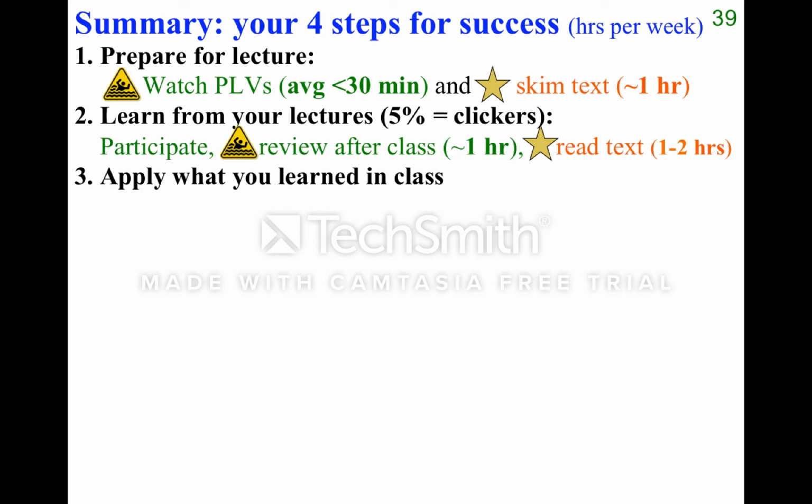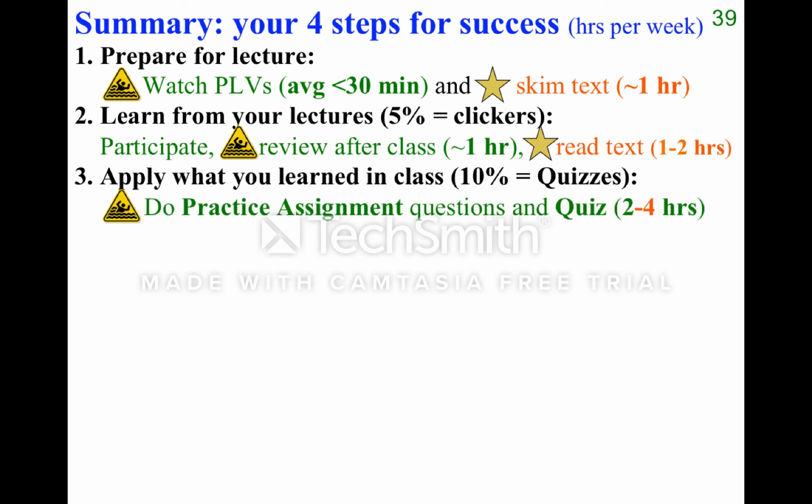Third thing is, once you've done the lectures and learned the basics, start applying them, right? Use Mastering Genetics to do your practice assignments as well as your quiz every week, all right? So basically from Tuesday onwards, you can start doing your practice assignment and applying what you learned. From Thursday onward, you can do your quiz anytime after that and finish by Monday.